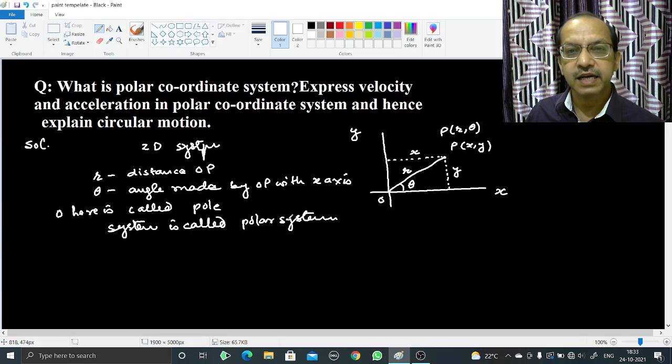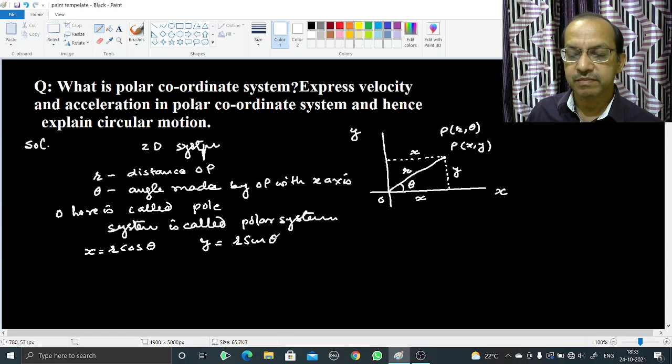Now we will relate this system with the earlier one, the Cartesian system. x and y can be said to be the components of R. So x can be written as R cos theta, and y can be written as R sin theta.